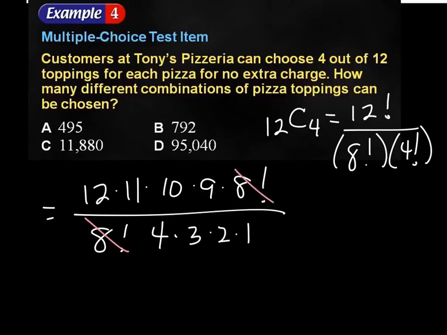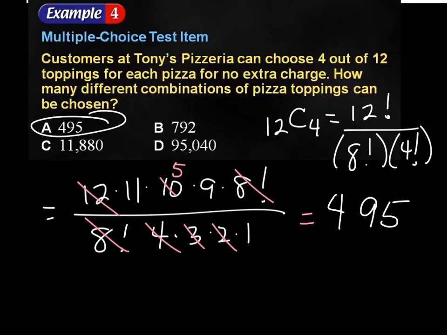Okay, we said the 8 factorials will cancel out. 4 times 3 is 12, which will cancel out. And the 2 and the 10 can cancel that much. And 55 times 9 is 495, which was choice A. That is a lot of choices for pizza toppings out of only a possible 12.